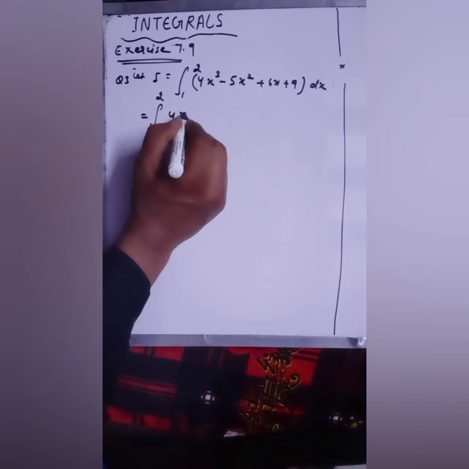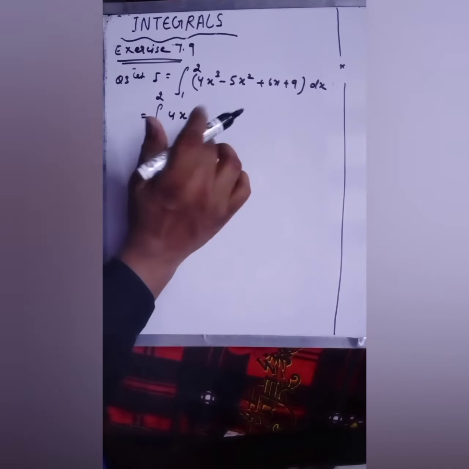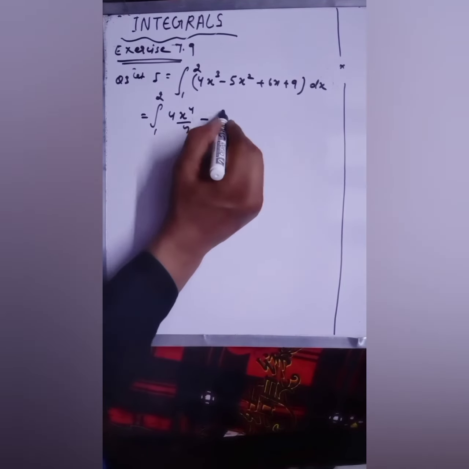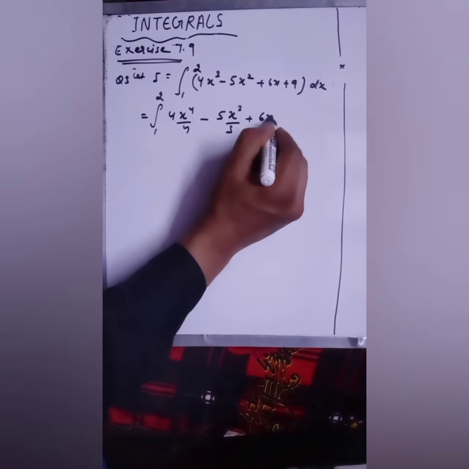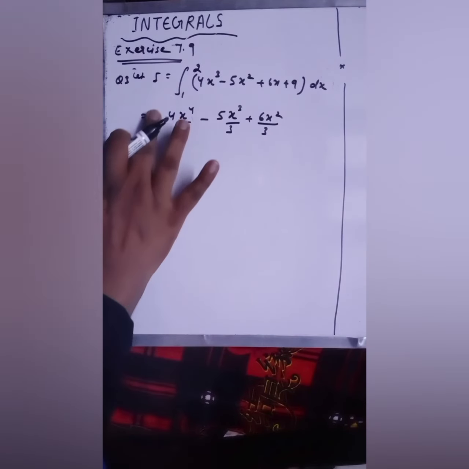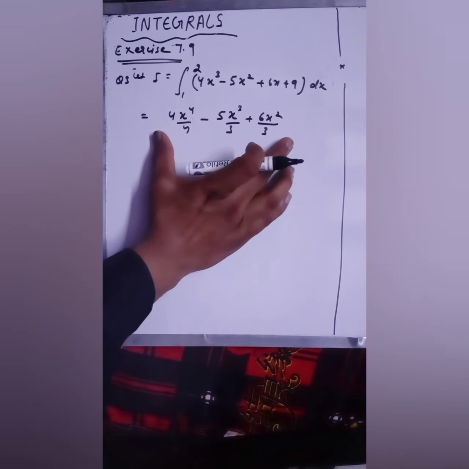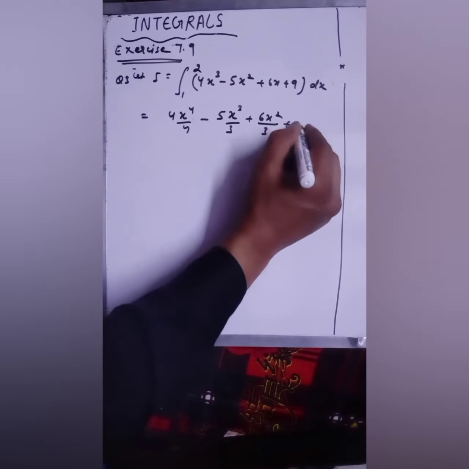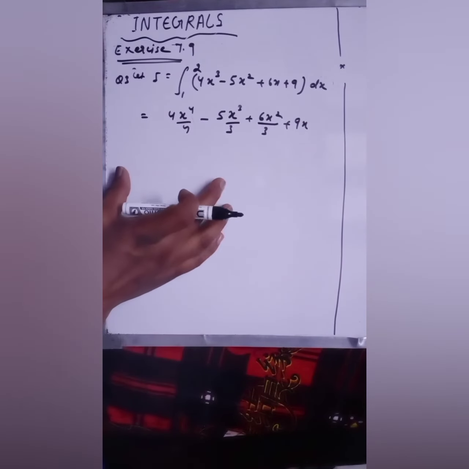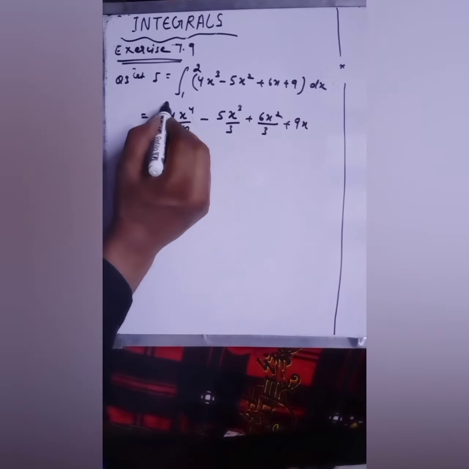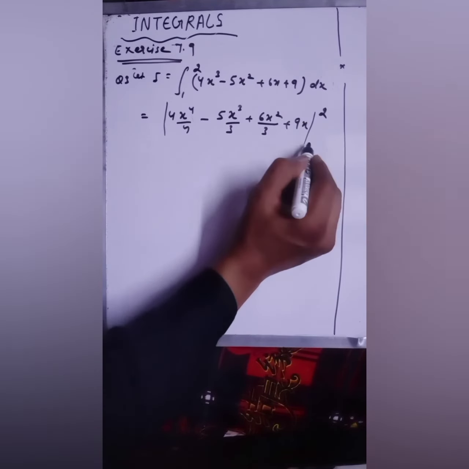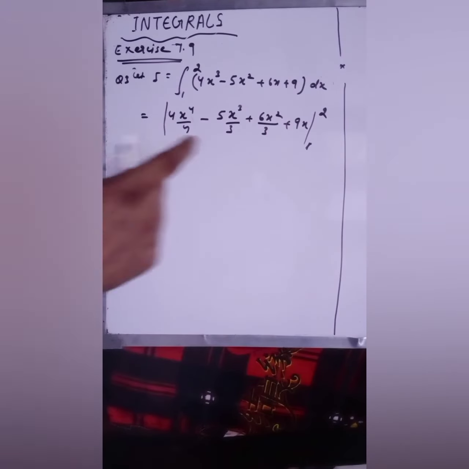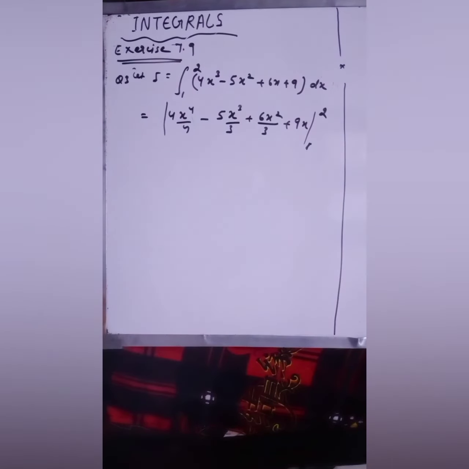This 4x cube will be x to the power 4 over 4, minus 5 times x to the power 3 over 3, plus 6x square upon 3. Here I am directly finding the integrals. I know you can solve this, and then you have to use the sign and write the limits. Okay, after integrating, here I am showing the limits. Okay, children.